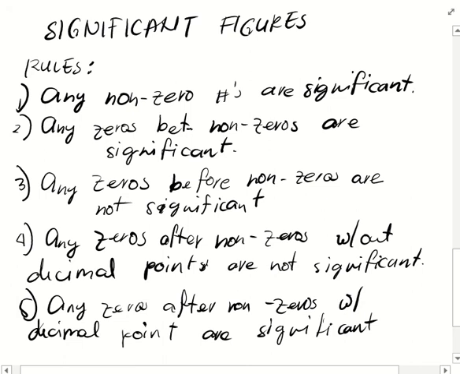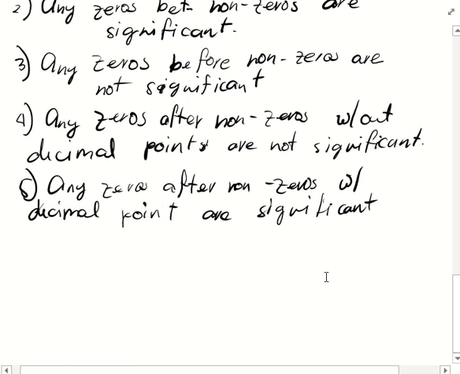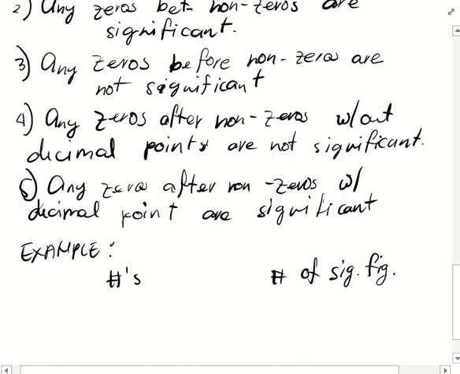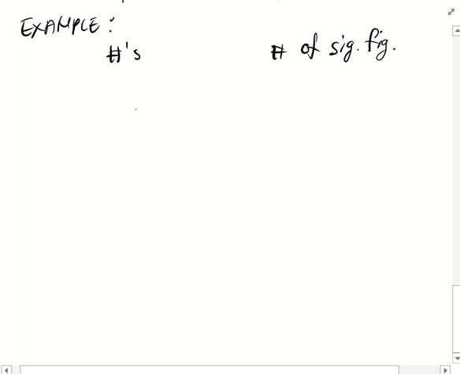So to apply these rules, let's have an example. I will give you the numbers, and tell me what is the number of significant figures in each number. So first example, the number 17. How many significant figures are there in this number 17?